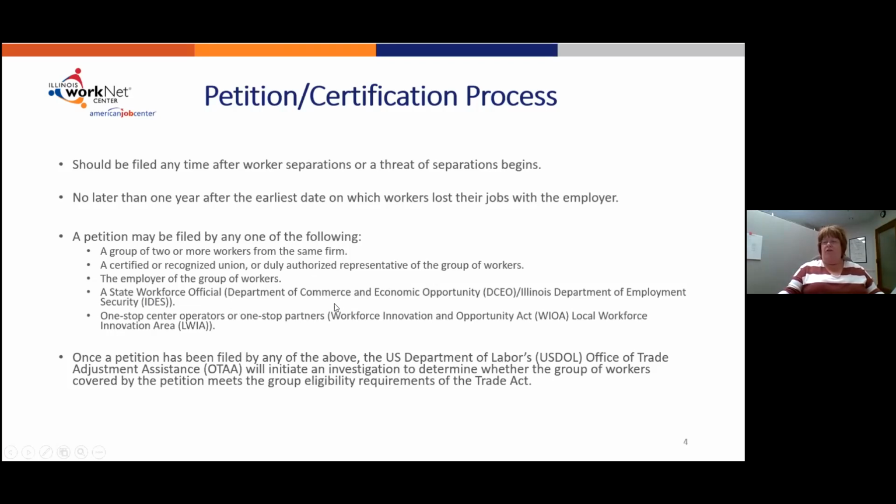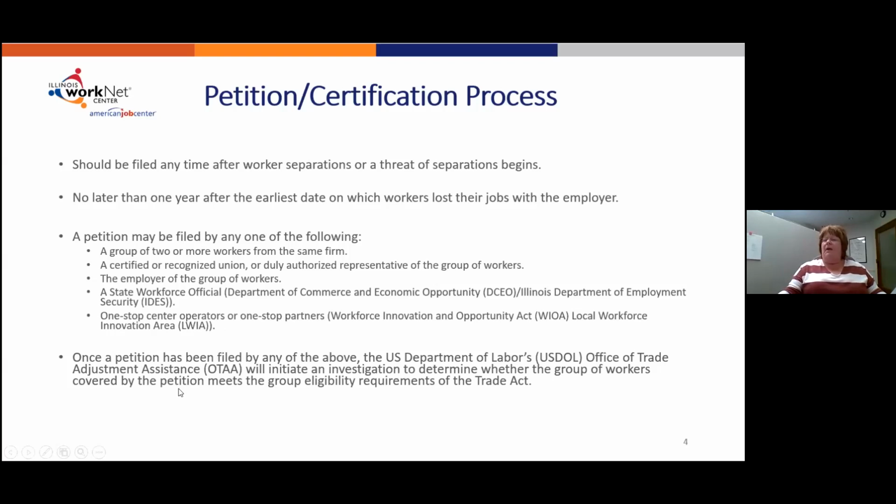She's doing an excellent job at getting those filed and getting some certifications for us to help the workers. Or an IDES person can file, or a one-stop operator or one-stop partner program like WIOA, or a WIOA local workforce area can file. So there are several ways to file a petition.